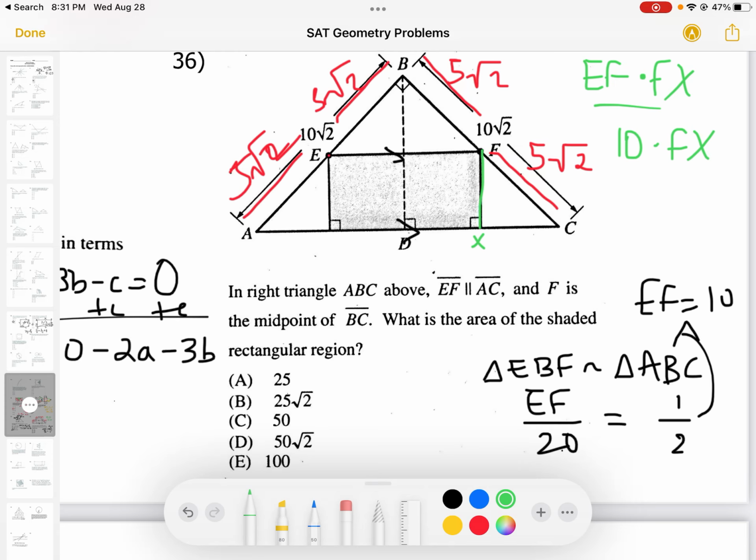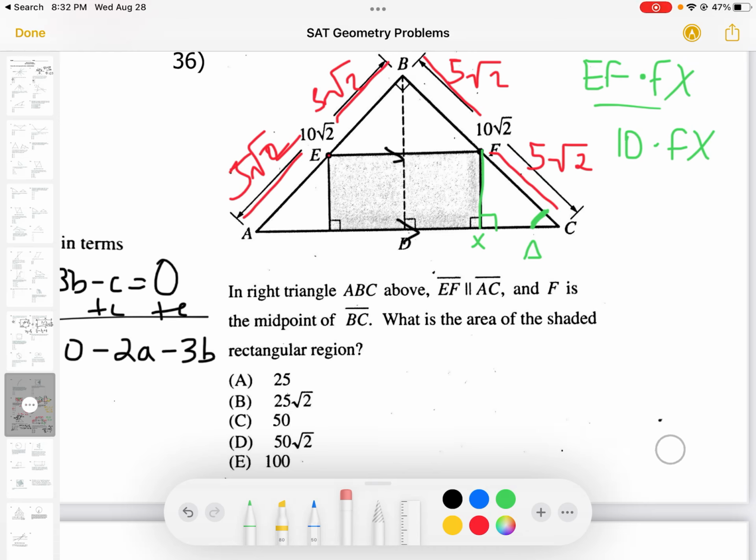And again, we can use similar triangles. Both triangle ABC and triangle FXC share a right angle, and this angle in green I'm drawing right now. So by similar triangle ratios, let me erase the work for the previous similar triangles and write it down.